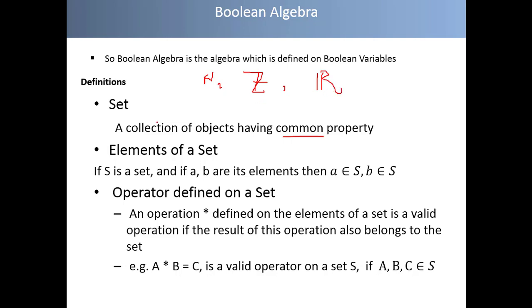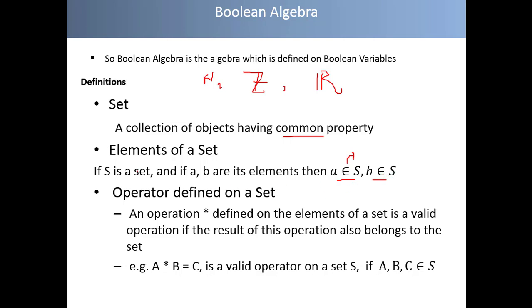In Boolean algebra, the set is composed of all variables which are either true or false. So if S is a Boolean set, and A and B are its elements, then we can write A epsilon S and B epsilon S. This epsilon is used to denote that A is a member of S and B is a member of S.